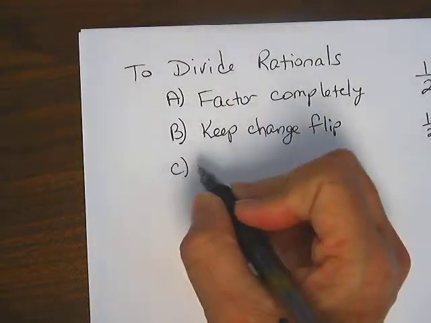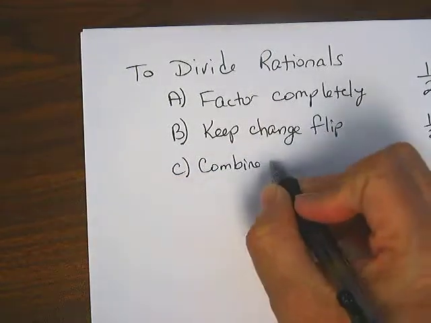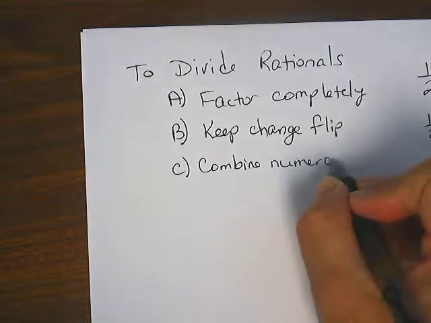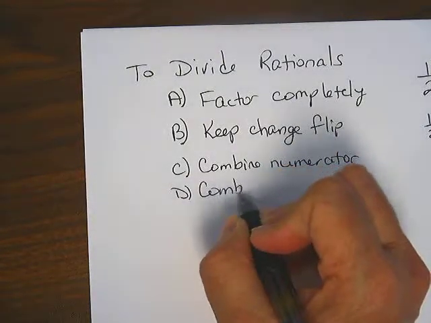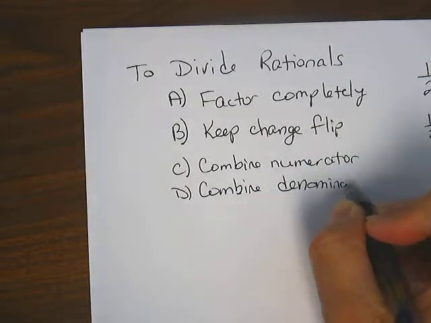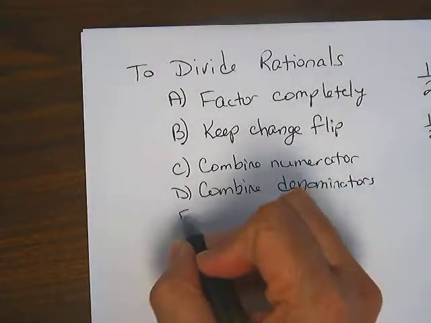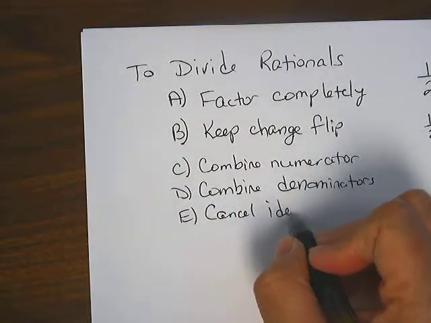Step C, we combine the numerators. Step D, combine denominators. And step E, cancel identical terms.